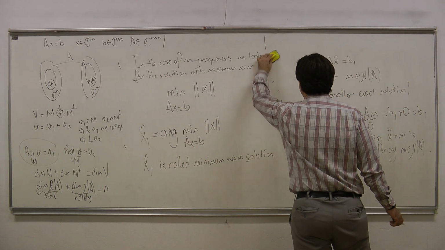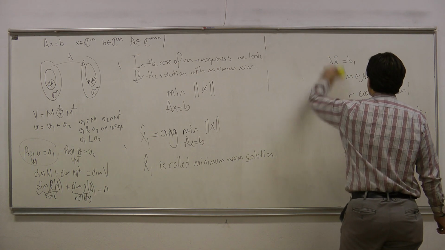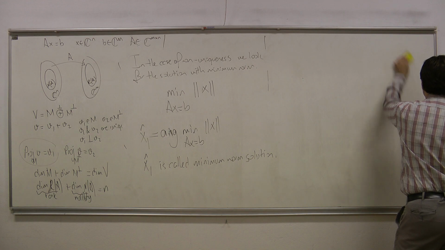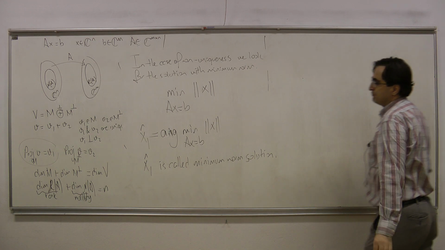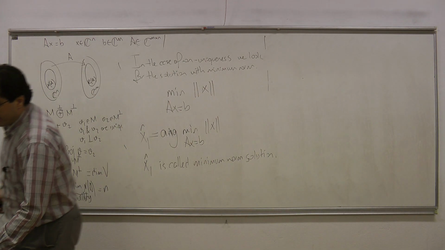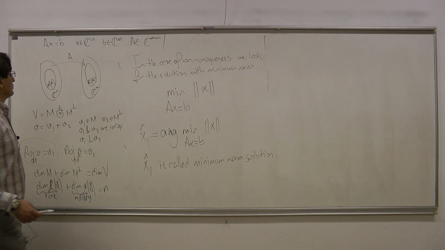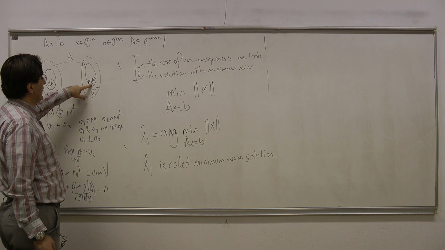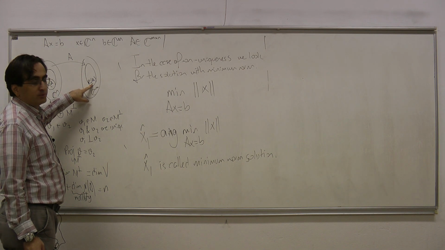And now we're going to solve this optimization problem by using the theory that we have learned with the projection theorem. Remember, in the minimum error case, I decomposed the codomain into range space of A and range space of A orthogonal complement.